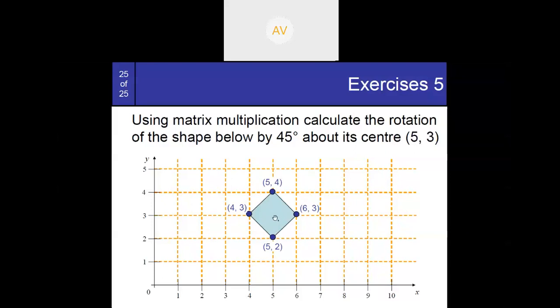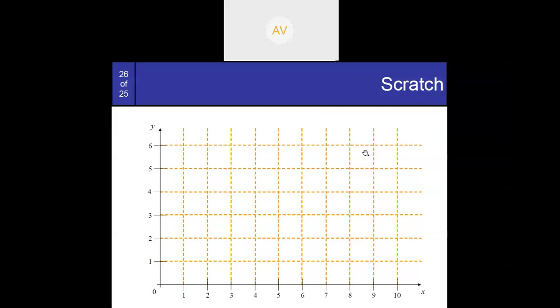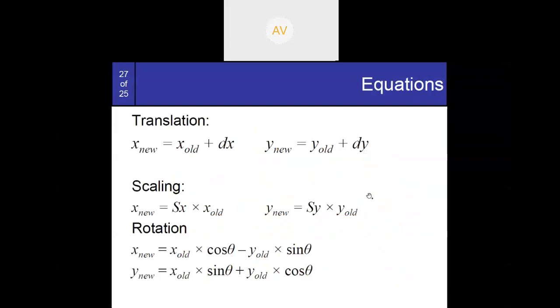So we have to translate it by -5, -3, so it will be fixed at the origin. First the translation matrix, then the rotation matrix, then the inverse translation matrix, and you will get the combined matrix. With that combined matrix you multiply the old coordinates, then you will get the new coordinates. Okay, in the next lecture, try to attempt this. If you are not getting it, in the next lecture we will solve this numerical also. So these were some equations.